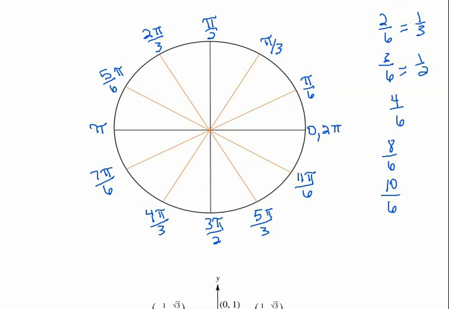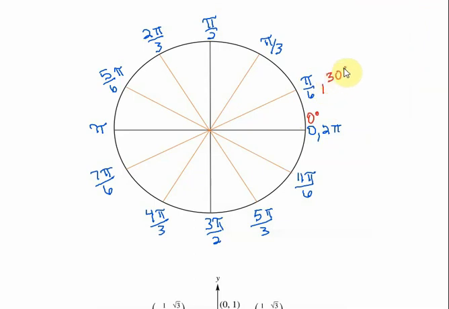So now let's put in our degree measures. Let me erase this so I have room. Okay, let me change my colors. So again, this is 0 degrees. Now, this first mark would be 30 degrees, and then 60, and then this again is 90.